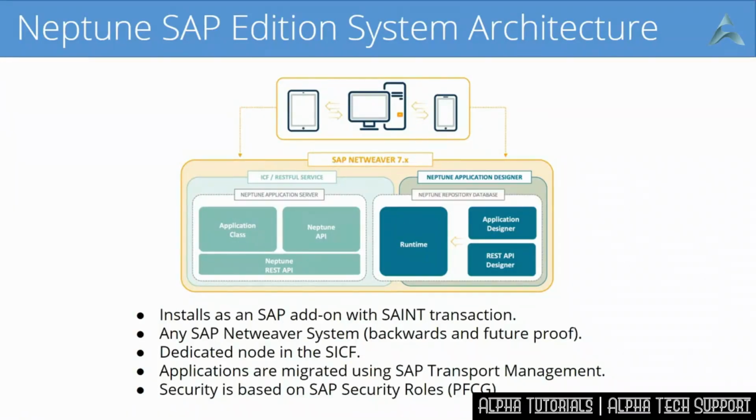So I didn't have to create any new roles. It was very easy for my SAP security team to be onboarded because we just use those PFCG roles. If you're familiar with that transaction, that's the role management builder in SAP. We just use those existing SAP security roles.